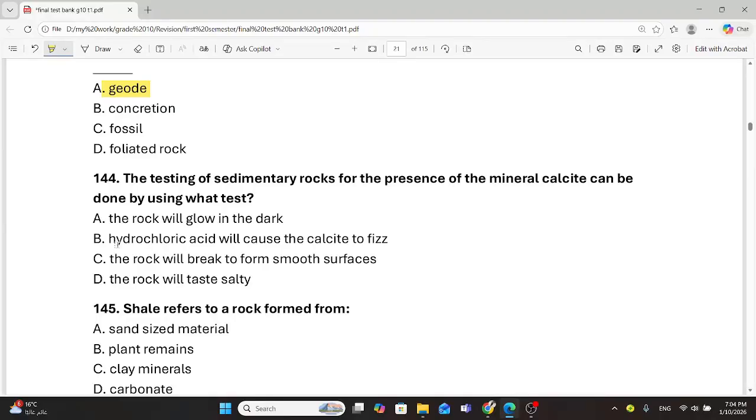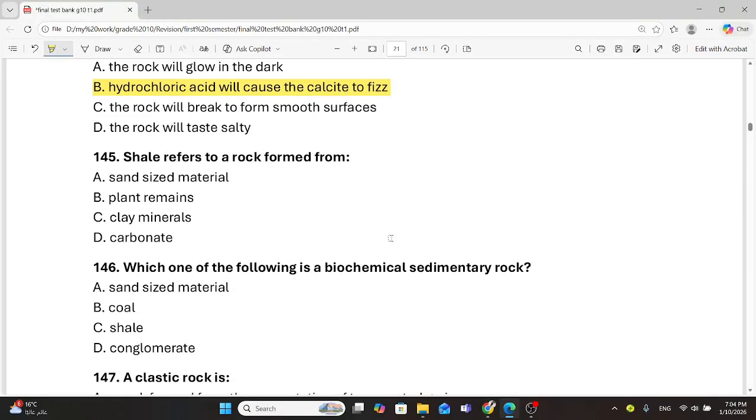Hydrochloric acid will cause the calcite to vest، لأن احنا قلنا أي weak acid هيتحط على الكالسايت هيخليه يعمل bubbles or vest.